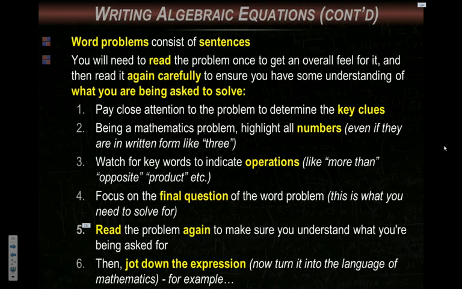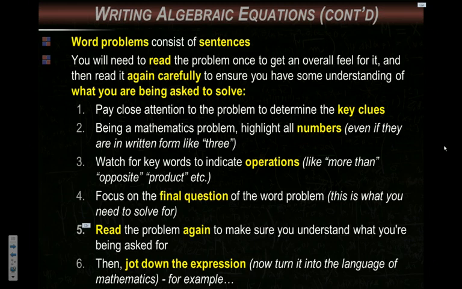Because very often I get students, when they have a word problem in front of them, they just freeze. They don't do anything. Step 3, also watch out for words that indicate operations. Like if you see the words more than or product in the word problem, that's telling you what you should be doing. If you see product, you think, oh, I better be multiplying two things.